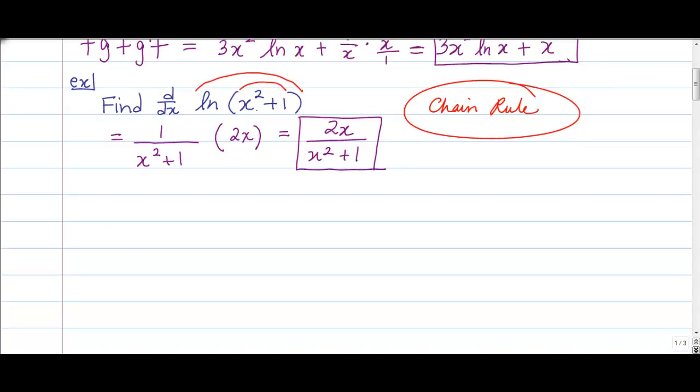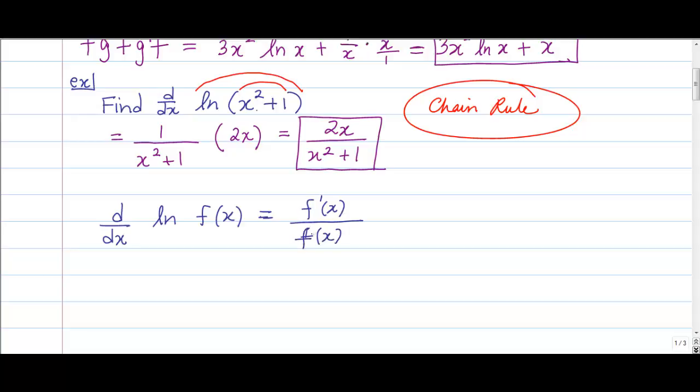Let's do another example. So before I do an example, let me write down the general rule. So if you have the derivative of the natural log of a function, right? This is just generalizing the chain rule, or applying the chain rule to natural log. Then what you're going to do is take the derivative of the inside and then put the function on the bottom.